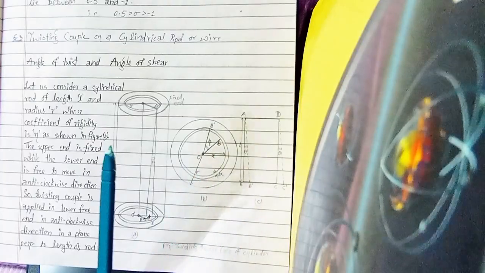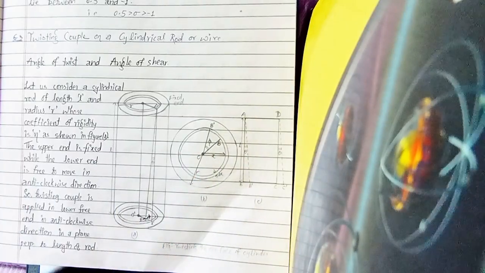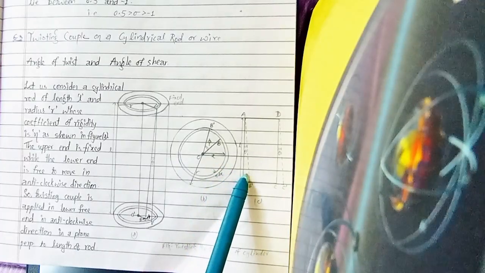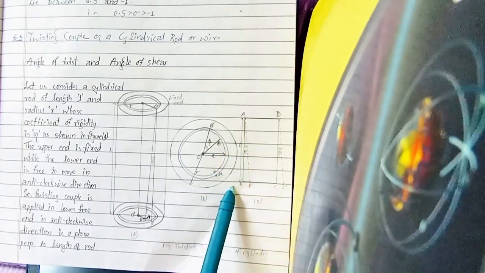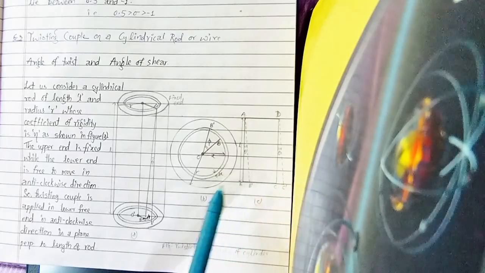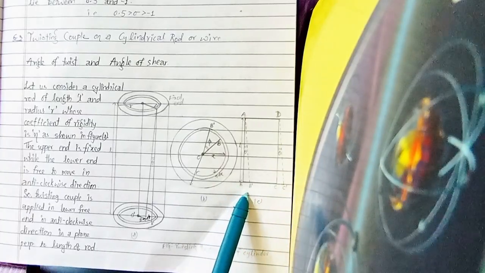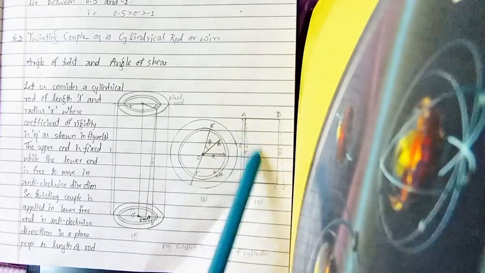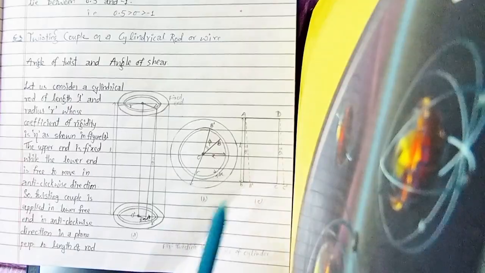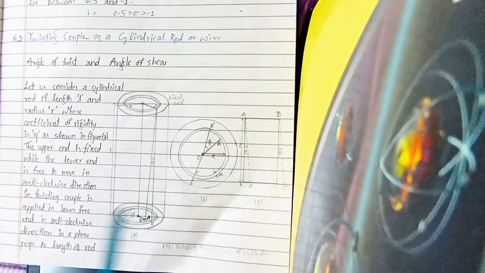When we twist the cylindrical rod and cut, we see that B translates into B dash and C translates into C dash. B and C shift to B dash and C dash, which gives the parallelogram A, B dash, C dash, D. And we call this shifted angle the shear.